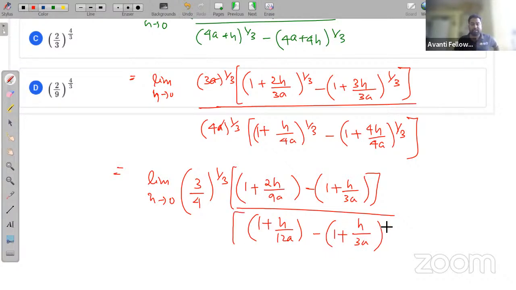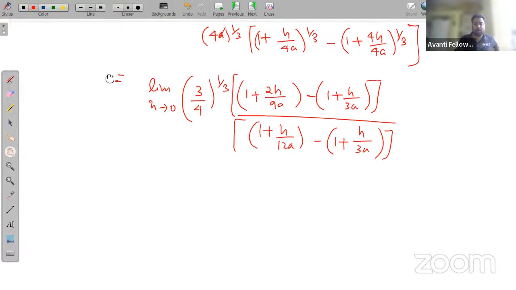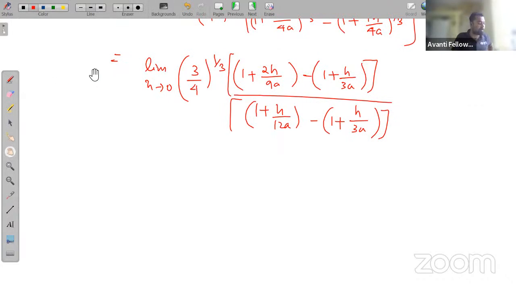So this is my limit from the simplification.